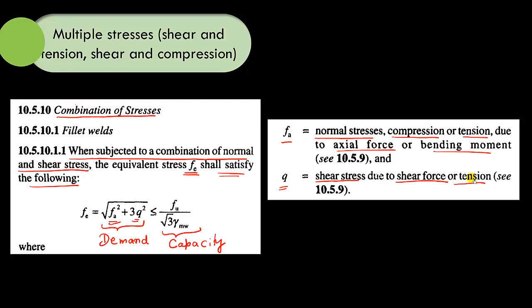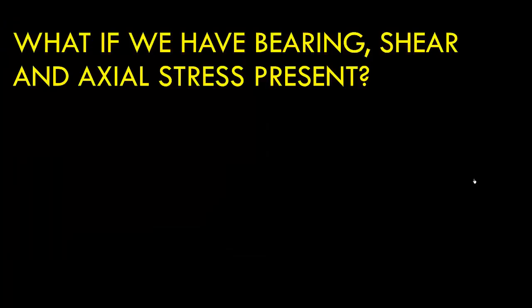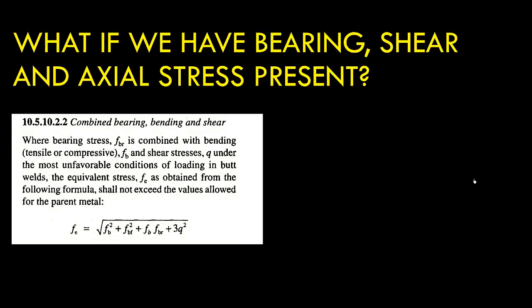Now the question is how we calculate the equivalent stress when bearing, shear as well as axial forces are all present in the weld. The code again gives a recommendation for finding the equivalent stress.